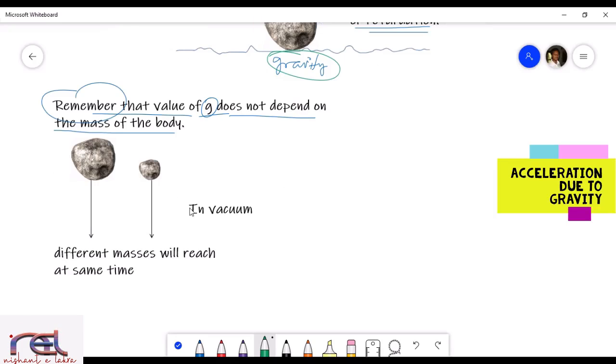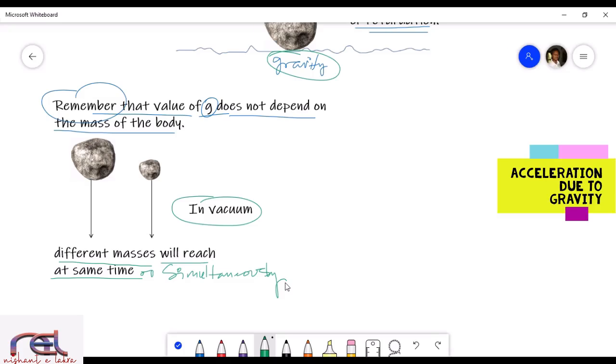Now remember that the value of g does not depend on the mass of the body, especially in vacuum. If you drop two objects or two stones with different mass from the same height, it will reach the floor at the same time or simultaneously, right? I hope you understand this.